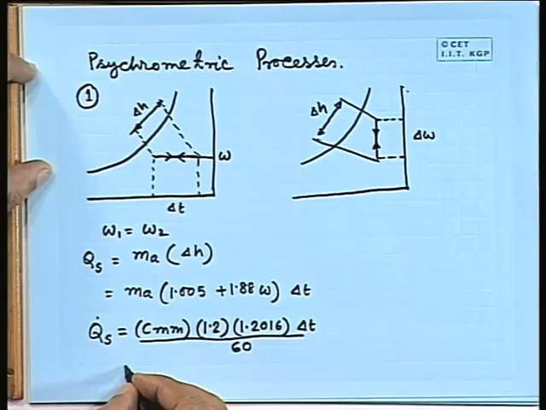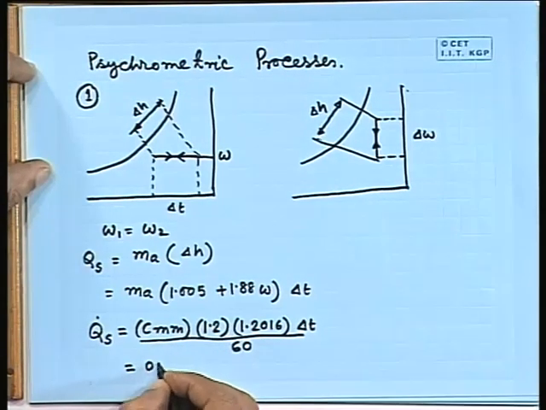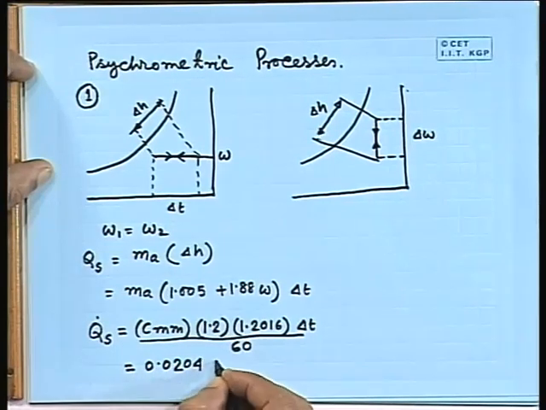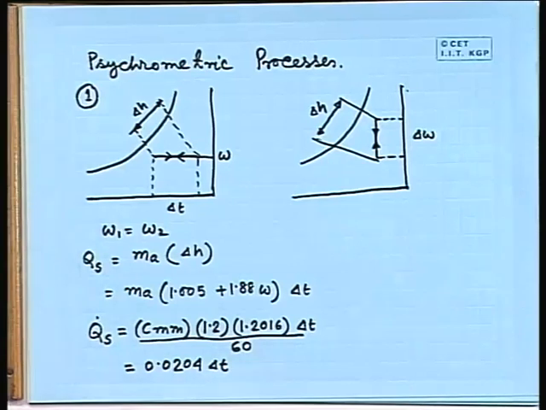So, you will get ultimately one number which one can remember, 204 CMM delta T. So, whenever there is sensible heat transfer only, we need not bother to know the condition of air. We can do an approximate calculation knowing only the temperature difference and using this formula.